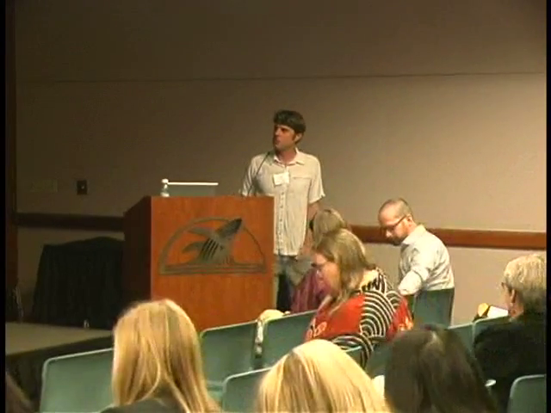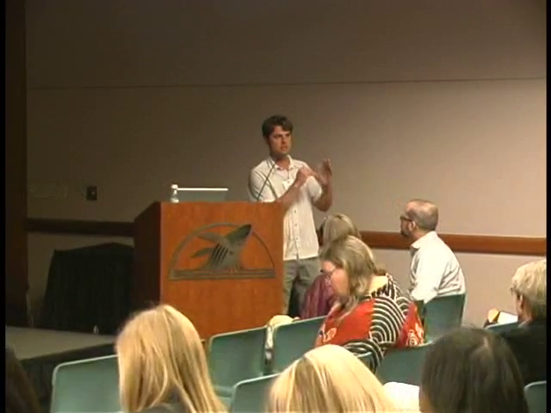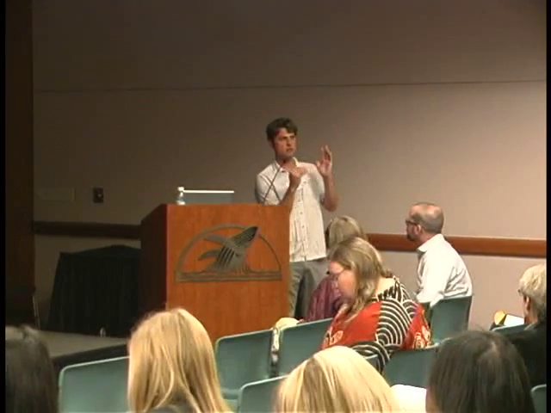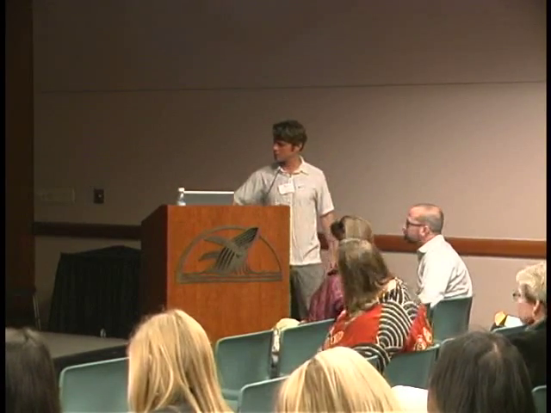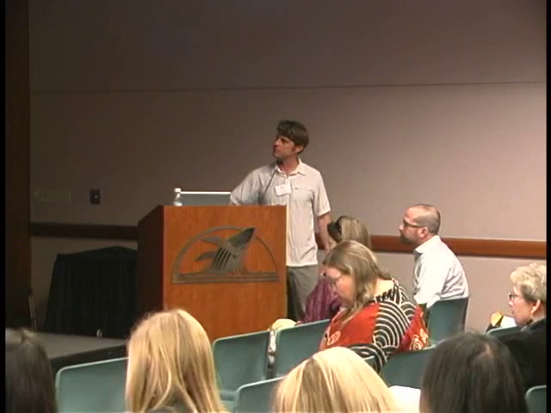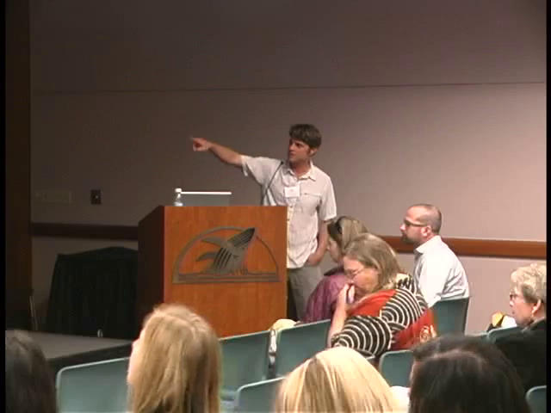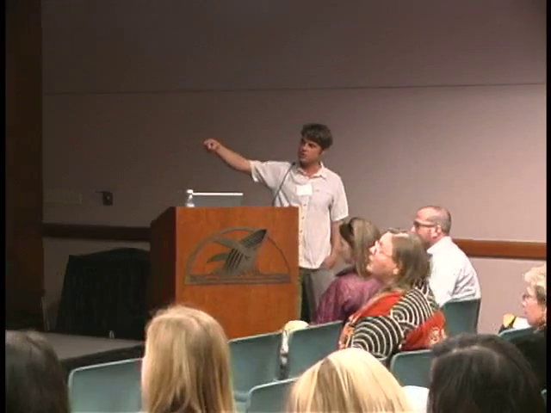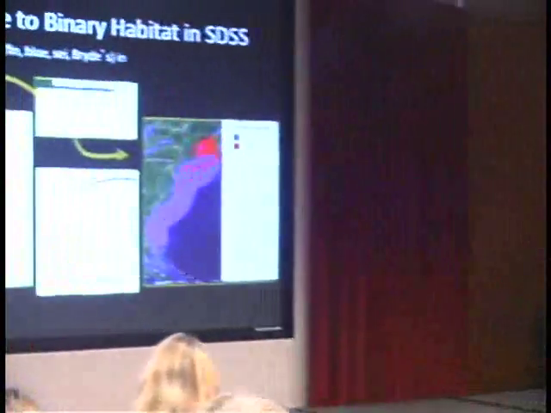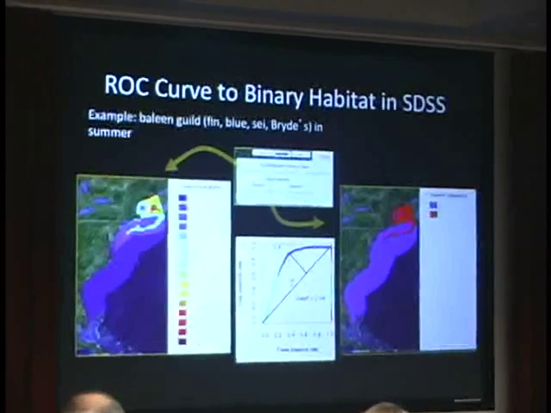That's a great point. That ROC curve, at least with the habitat model, is actually a cross-validation. So we'll go back. This is false positives and true positives. You can think the true positive rate is 1 minus the false negative rate.